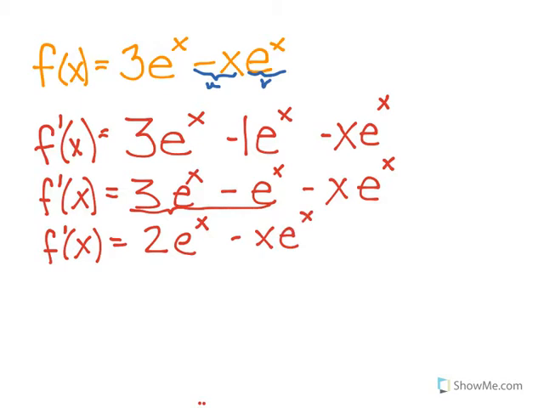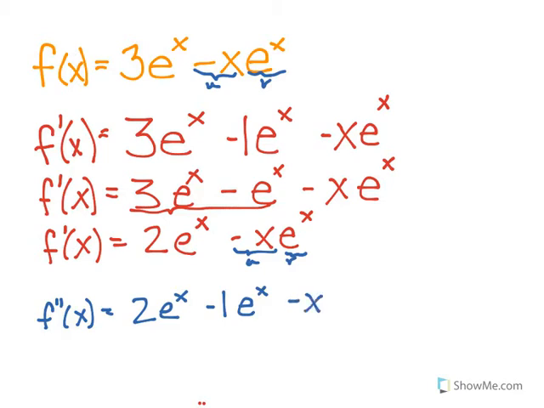And now I'm going to find the second derivative of the same one, so f double prime of x. The derivative of 2e^x is 2e^x. Oh, I've got another product rule situation. Here's my u, and here's my v. So u prime is negative 1, v is e to the x, plus u, which is negative x, v prime, which is still e to the x.